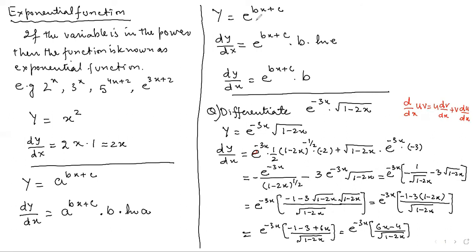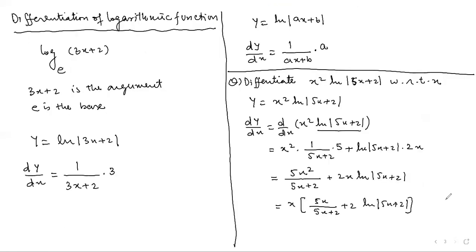So the answer is, write down the function as it is and multiply with the derivative of the power. While dealing with the logarithmic function, we will write down the reciprocal of the argument and multiply with the derivative of the argument. This one is all about the differentiation of exponential functions and logarithmic functions.